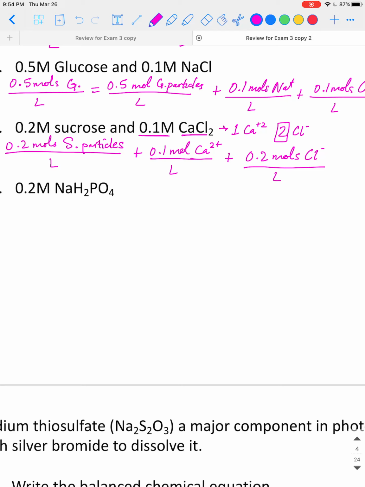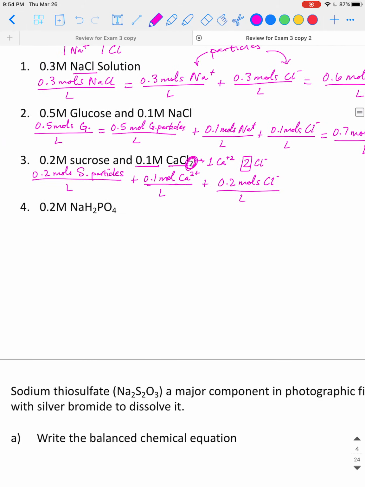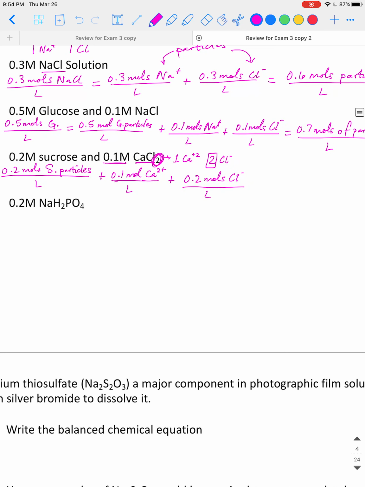I got that from looking at this subscript 2 here that I'm circling. When there's a subscript 2, if one of these molecules dissolves, I'll get 1 calcium cation, 2 chloride anions. So if I have 0.1 molar of this substance, I'll get 0.1 molar of the calcium cations and 0.2 molar, which is moles per liter, of the chloride anions.